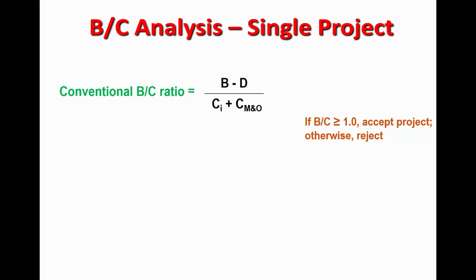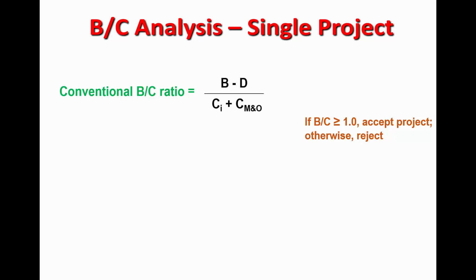So that's what this is a ratio of. This is a ratio of the dollar value of improvements compared to the dollar cost for implementation. So if your B to C ratio is 2, for example, that means you're getting $2 of benefit for every $1 of cost. And that's good. Thumbs up on a project like that.